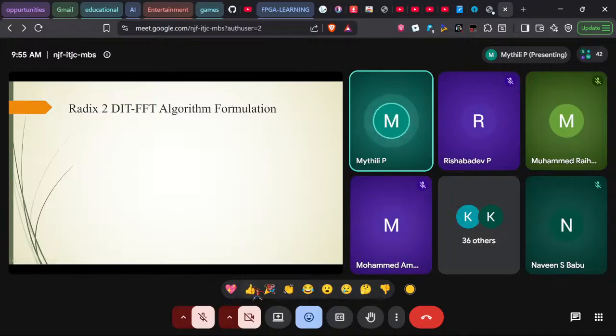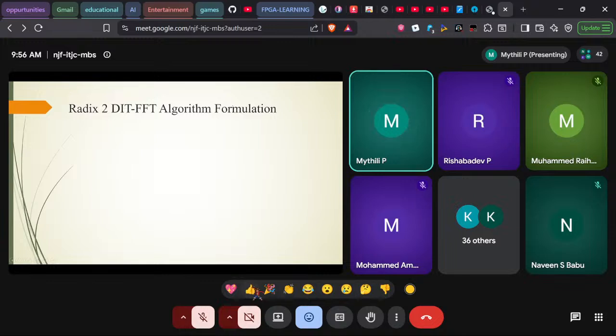What is the DFT summation? Sum over n equals 0 to N minus 1 of x of n into W_N of nk. This DFT actually has how many values? N elements are there in the summation. N terms are there in the summation, right?